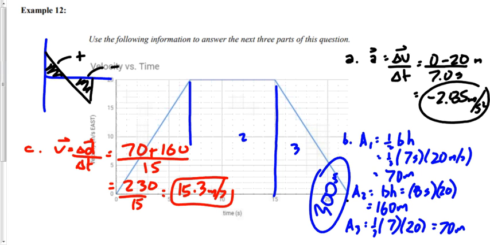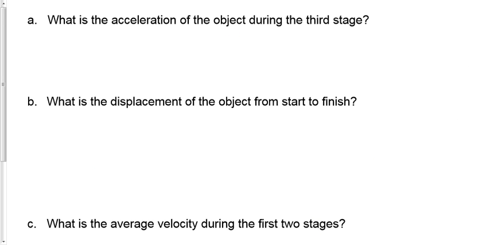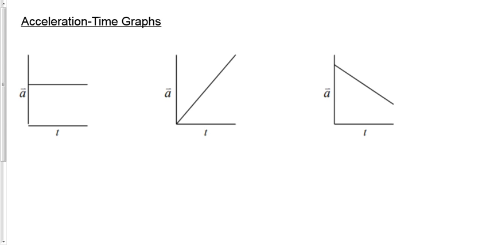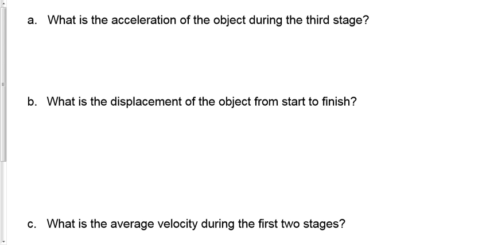Answer the question. I almost didn't read the question there. The question says, what's the average velocity during the first two stages? I've got to pay attention to that, right? And I've got to answer the question that's being asked, not just what I think is being asked. Oops. Does that make sense?